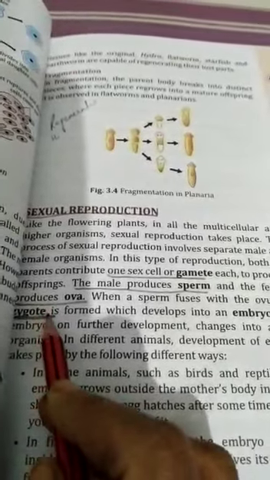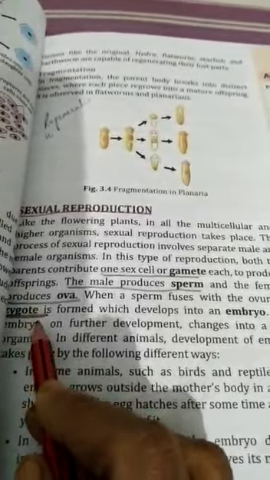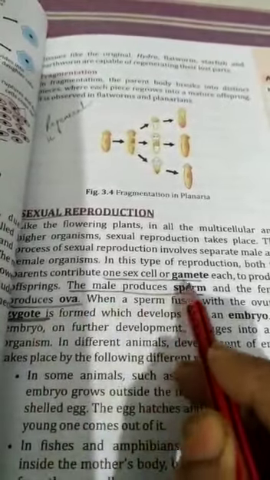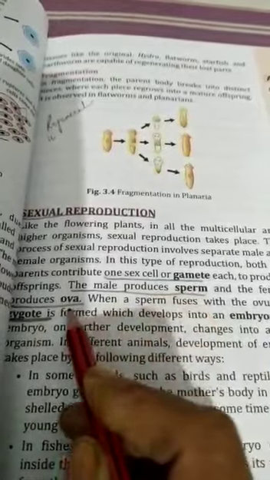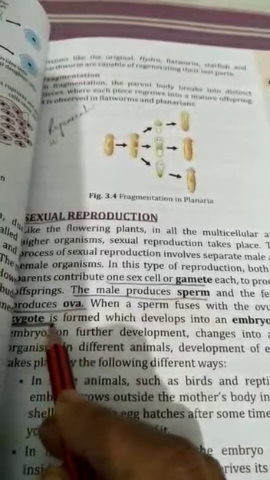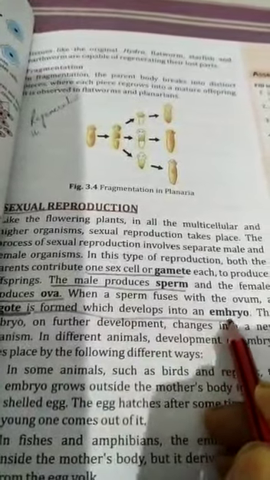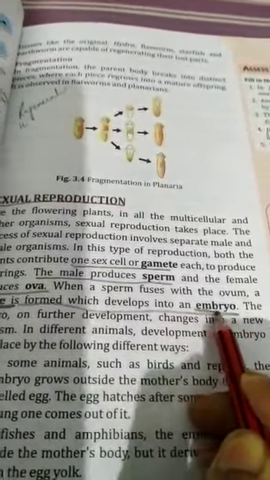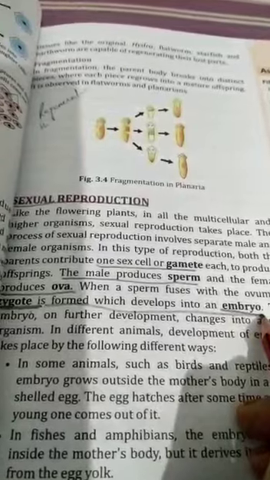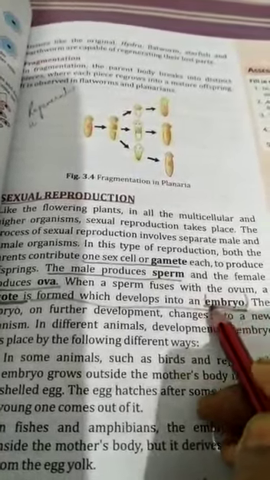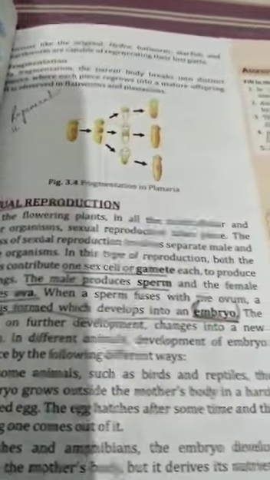This is the first cell, that is the single cell structure which is formed after the fusion of sperm and ova. Then this develops into a structure known as embryo. So sexual reproduction is all about the development of this embryo.